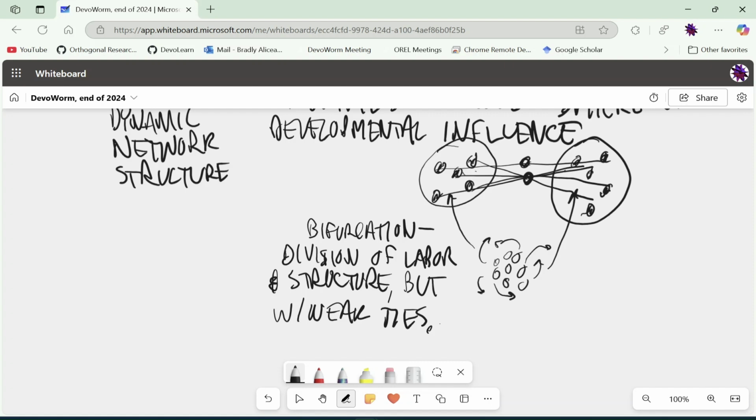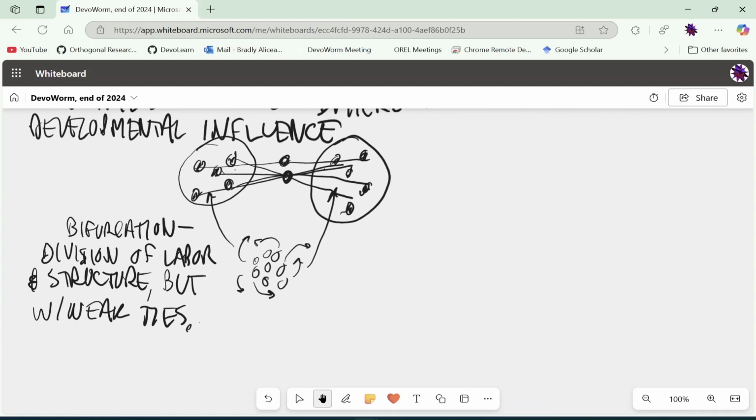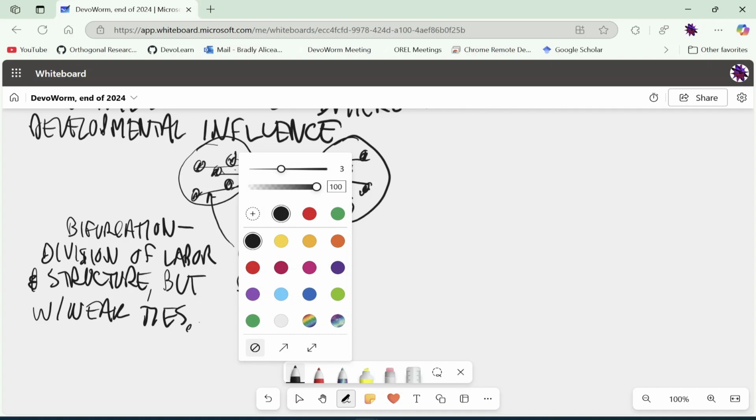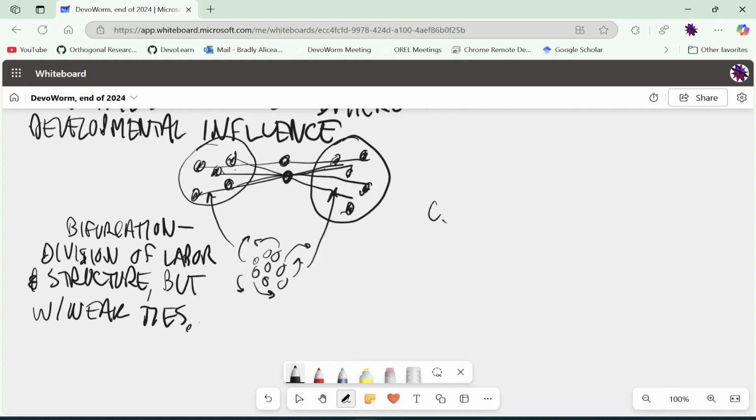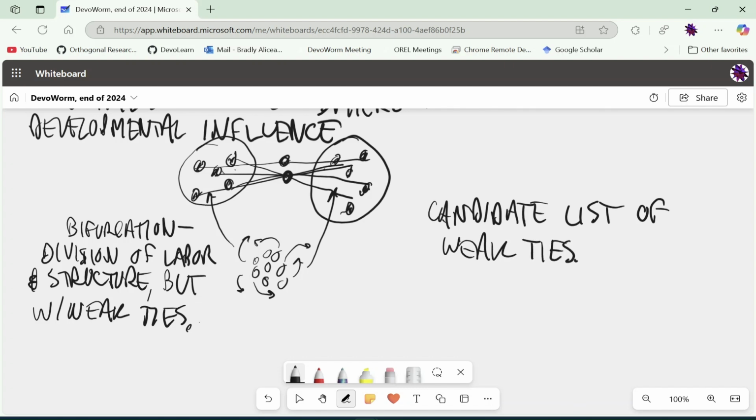So this brings us to our fourth point, which is these interconnected networks provide us with a candidate list of weak ties. Weak ties are interesting because in a lot of ways they serve as conduits between different categories.